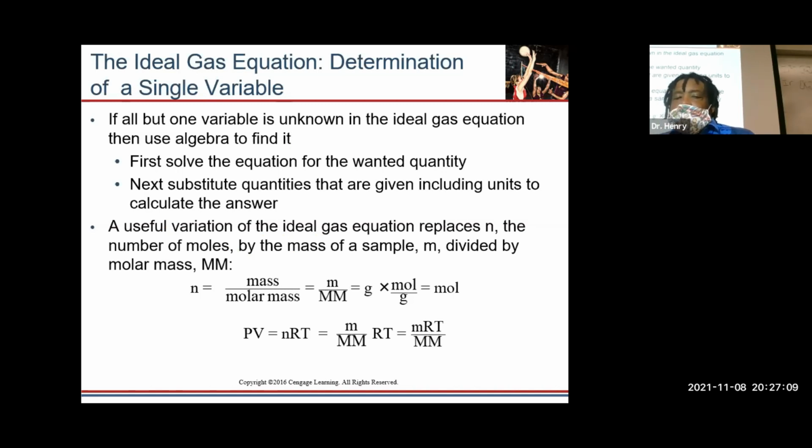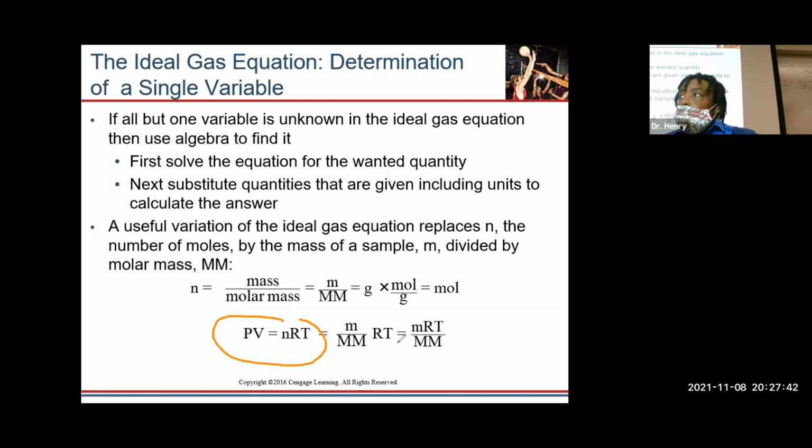So we can use the ideal gas law to set us up to answer a lot of different types of questions. For instance, if we start off with the ideal gas law and we replace the number of moles by the mass divided by the molar mass, in this case we're using M divided by MM to stand for mass divided by molar mass, and we substitute that into our equation, we get PV equals mass divided by molar mass times RT.